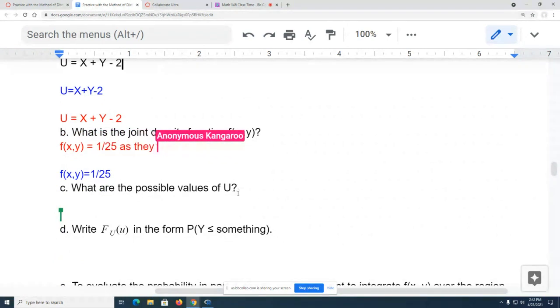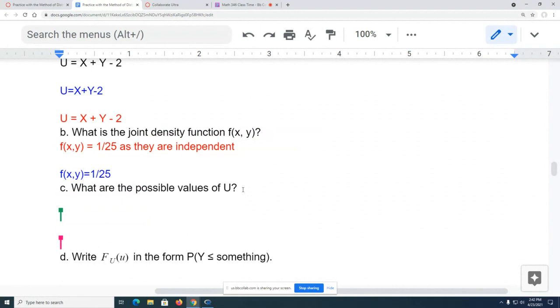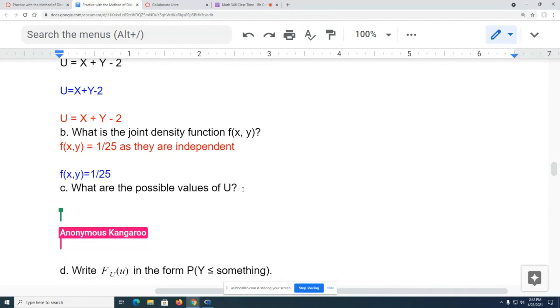And then what are the possible values of U? Looks good.